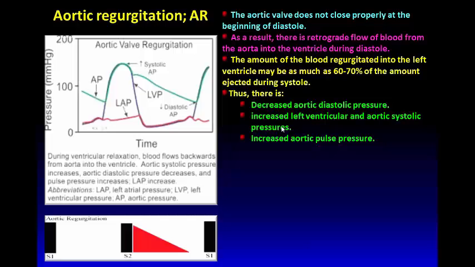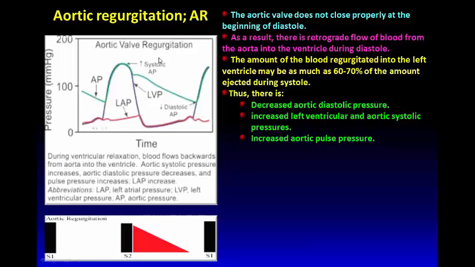This results in more filling of the left ventricle during diastole, and as a result, during the subsequent systole, the left ventricle ejects a larger stroke volume, resulting in an increase in the aortic systolic pressure.